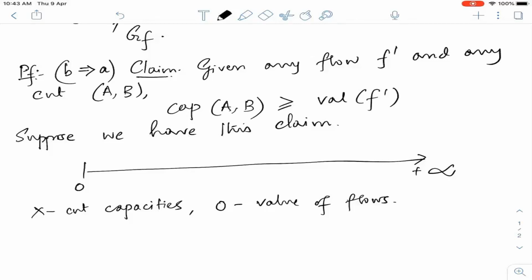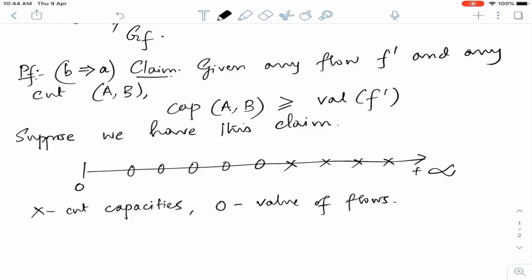Yeah. Okay. So the answer is that what I've proved here is that the value of any flow is upper bounded by the value of any cut in my graph. Okay. Suppose I have proved this. So then this clearly means that all the circles will be on the left of all the crosses.